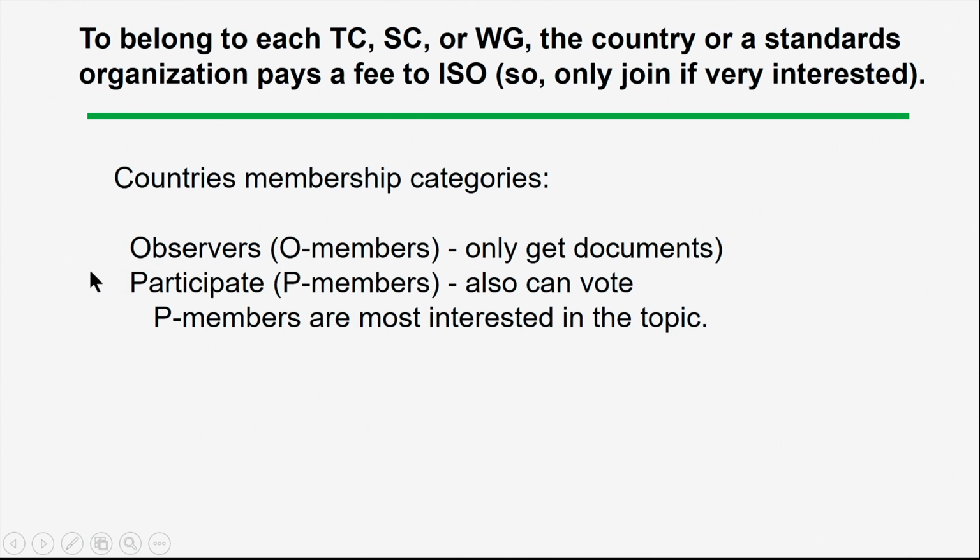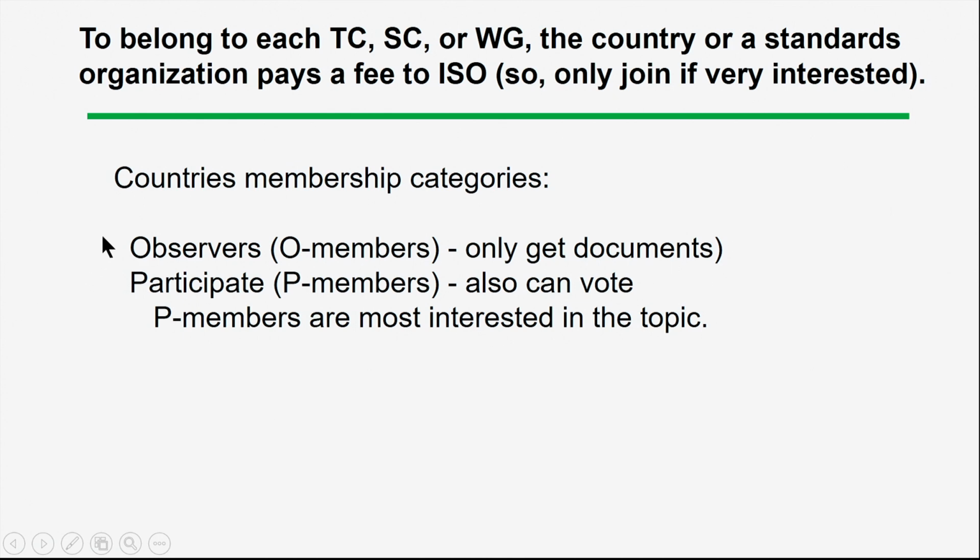There are two levels of participation. Observers, who get only the documents, and P members, participants, who can actually vote. And so the people that want to vote are the ones that have the most interest in the particular standard.